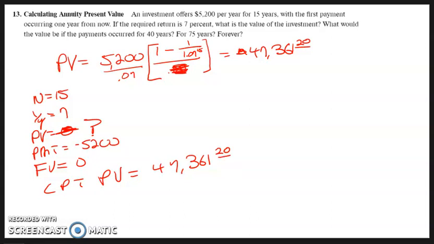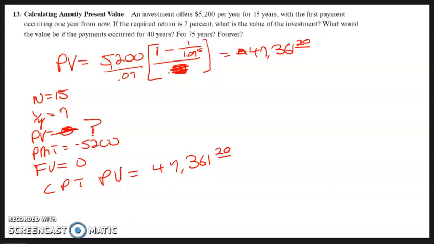Next part of the question: what would be the value if payments occurred over 40 years, 75 years, forever? Forever means it's a perpetuity. But let's do 40 years first.